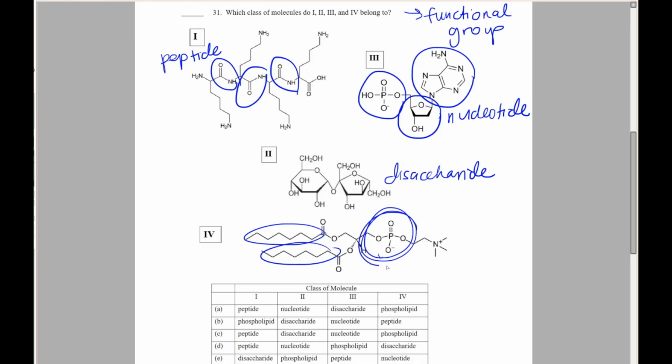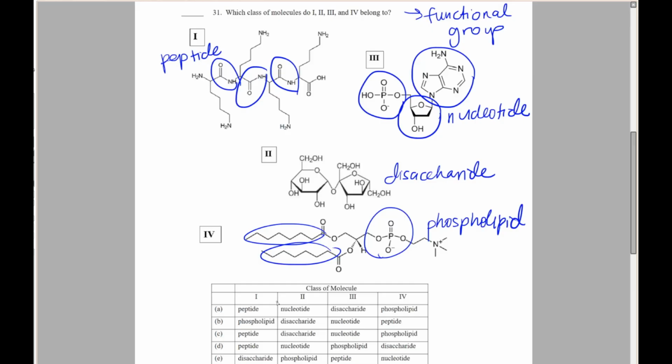So we have a polar head over here, as indicated by this phosphate group with a negative charge, and also this nitrogen with a positive charge, and we have these 2 tails, which are pretty much just very nonpolar. So this is going to be our phospholipid.